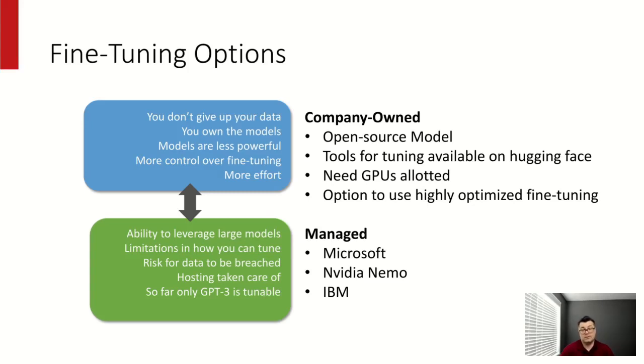If you fine-tune an open source model, you don't give up your data. You own the models, but the models are going to be less powerful than what OpenAI has. They've invested the most in terms of that alignment, or the prompt response pairs that are manually labeled.